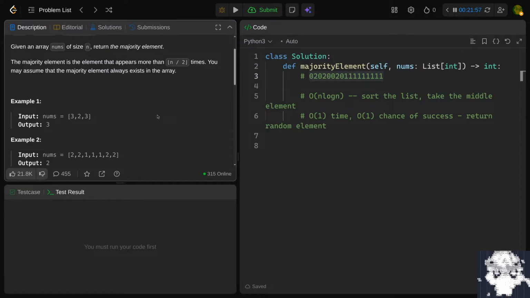I think I might be doing something like, oh, there seems to be a lot of 2s. Let's count the 2s, and if I was right, I return it.